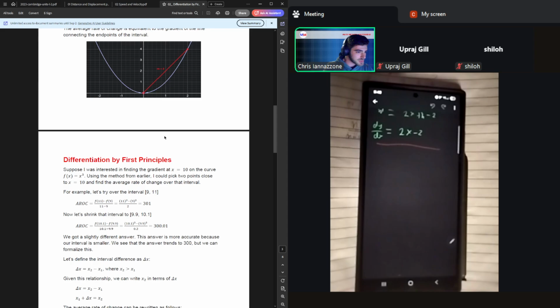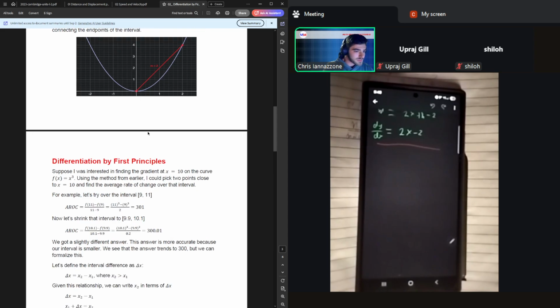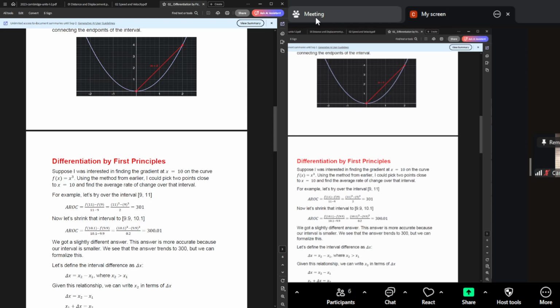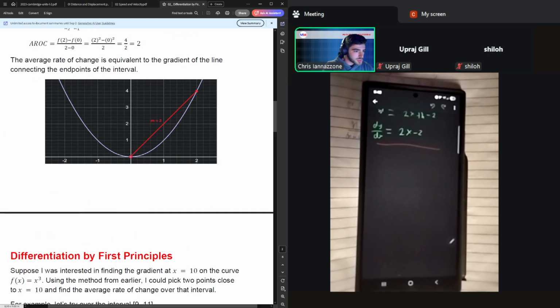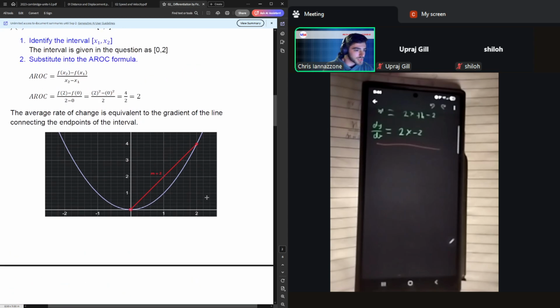But okay, so we talked about average already. What differentiation by first principles is doing is repurposing your average rate of change equation, or rise over run, as you'd more commonly know it. So we could take the average rate of change from 0 to 2, and that would give us some slope. Right? In this case, we get the slope of 2 if we use those particular points.